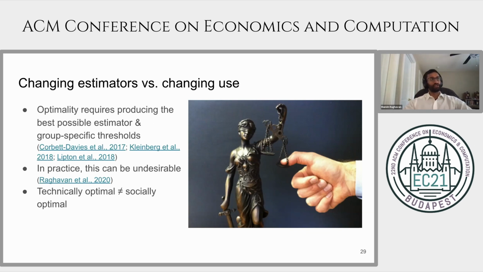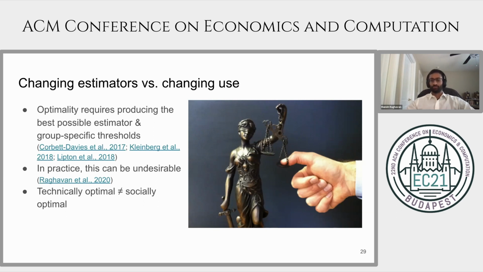So the references that I've included up here all make the case that the right thing to do is to use all the information you have, build the best predictor you have, and then you can use those predictions however you want and adapt the way that you use them in order to promote goals of fairness. But in practice, this can actually be undesirable for a number of reasons. Building optimal predictors often requires directly using sensitive attributes at prediction time, like race or gender or age, for instance.